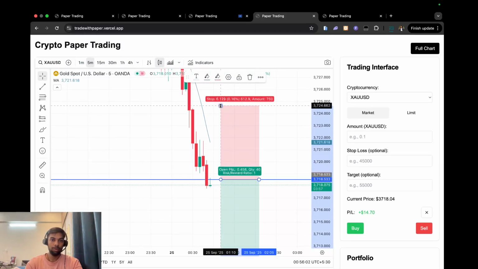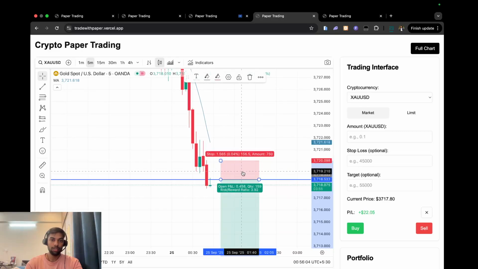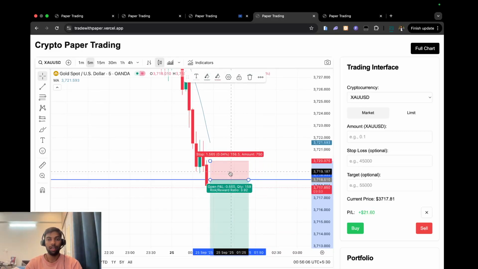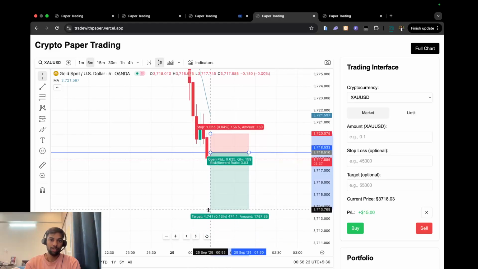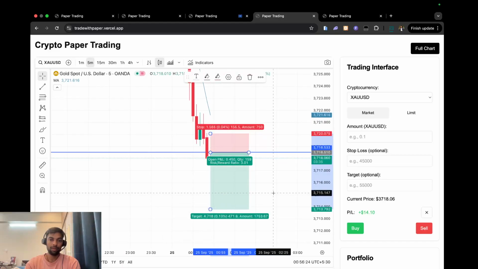So this will be my stop loss. At this point, I will take a stop loss of 30 points, like a $45 stop loss, right? So it can be like $45, okay, and we will capture at least a 1:3 trade, right?